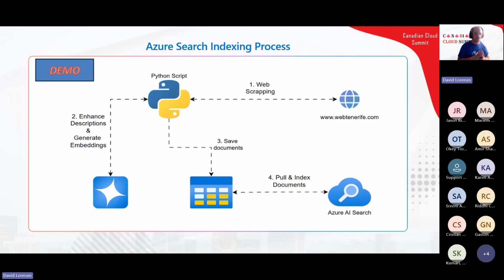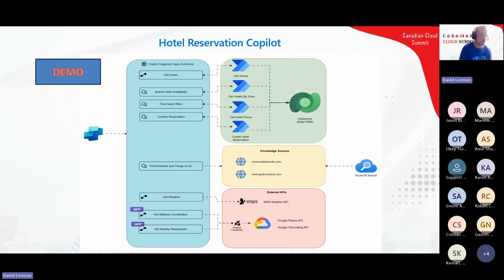So let's start with the first agent. Before that, I want to show you the general architecture diagram. Okay, this is an overview diagram of all the functionalities that our Copilot has. We are going to allow the customer or the user to make a hotel reservation.